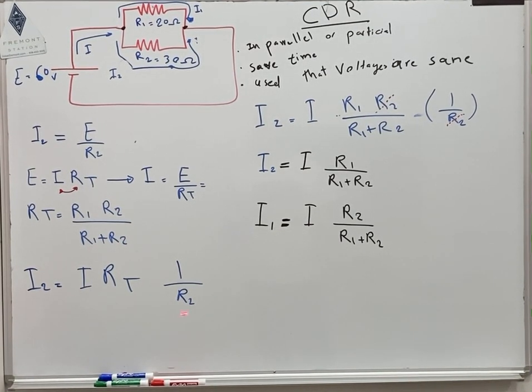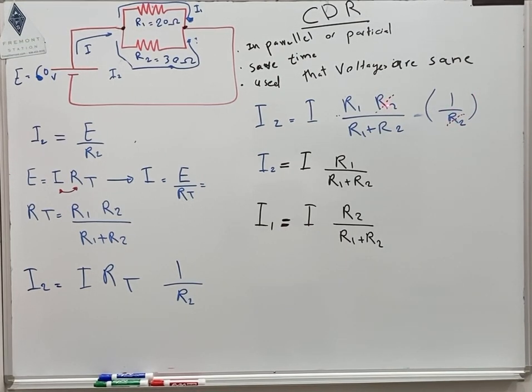Now we will replace R total with this expression, as you see here. And this is the R2, which I put aside just to make it easier to understand. Now we put the whole equation like this. We have I multiplied by R1 multiplied by R2 divided by R1 plus R2, multiplied by 1 over R2.